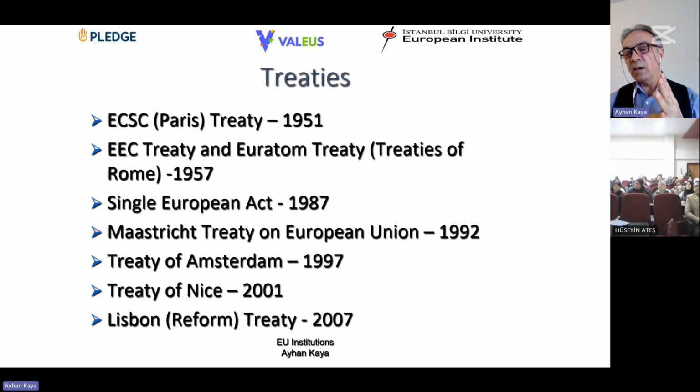Copenhagen criteria means you need to have rule of law in your country. You need to have democracy. You need to have human rights. You need to have a free market economy. So these are the main four aspects of the Copenhagen criteria.